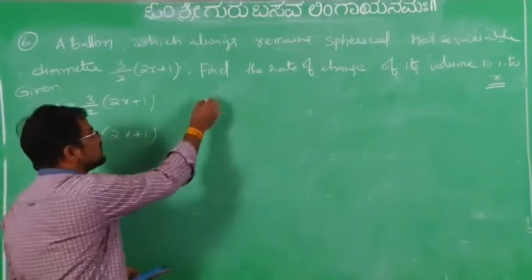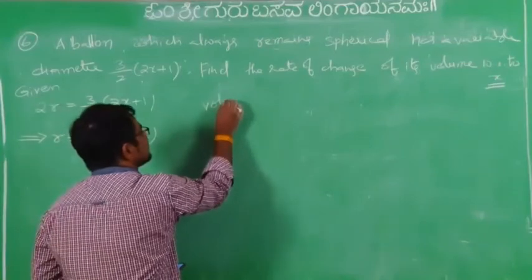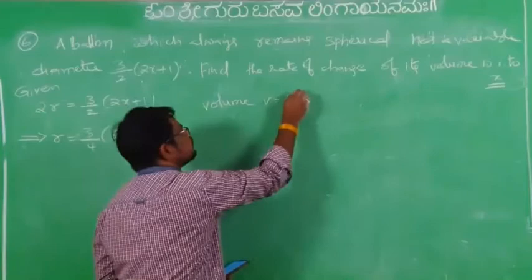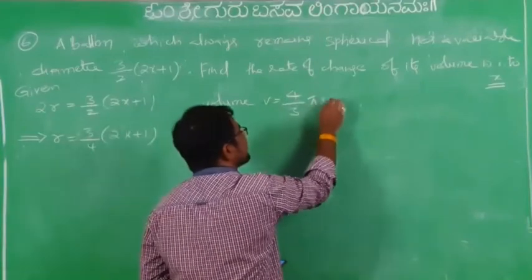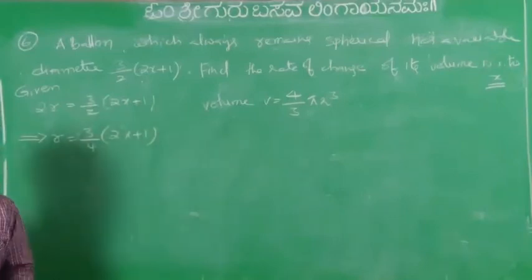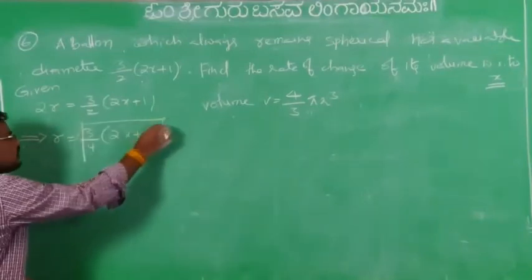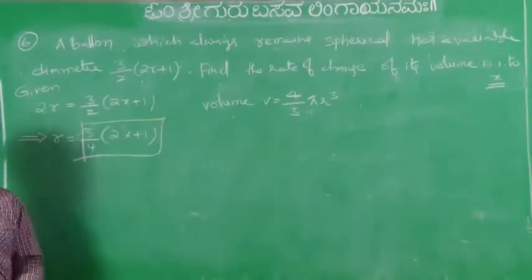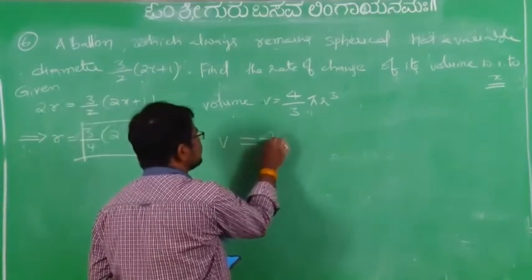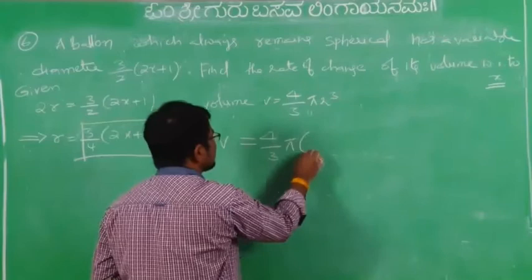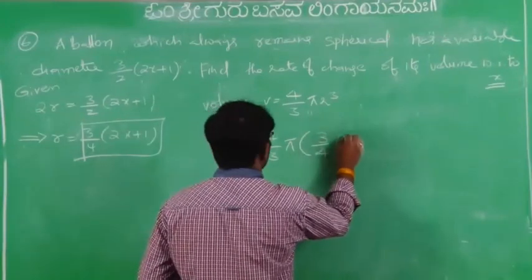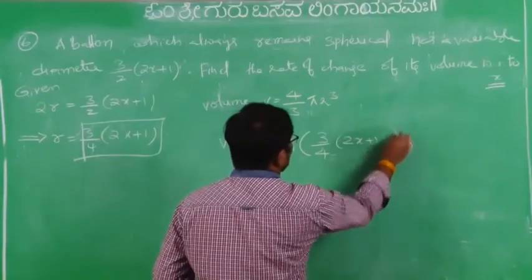Now what is the volume of the sphere? V equal to 4 by 3 pi r cube. But here the parameter is r. So here r equal to what? 3 by 4 (2x plus 1). Substitute, V equal to 4 by 3 pi, r is 3 by 4 (2x plus 1), whole cube.